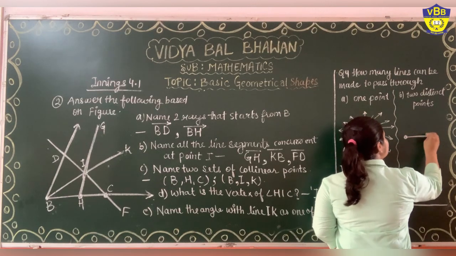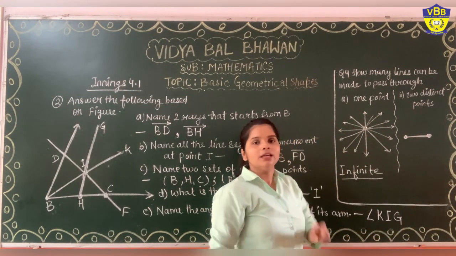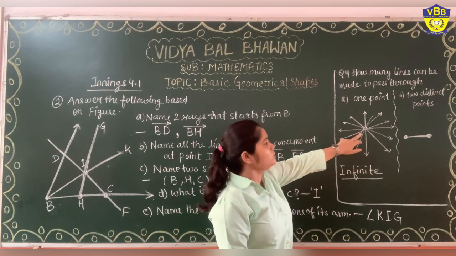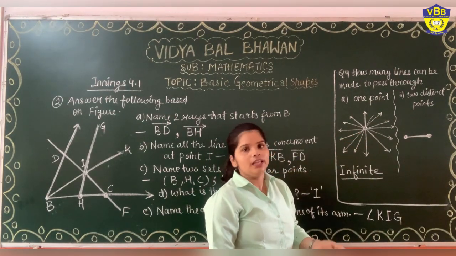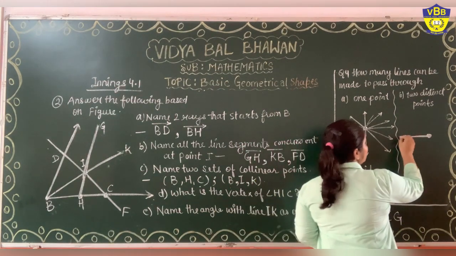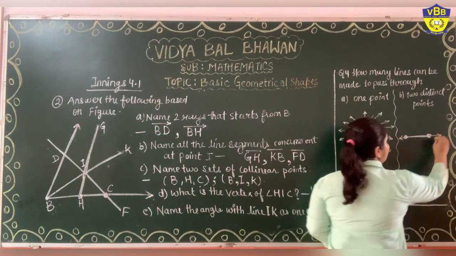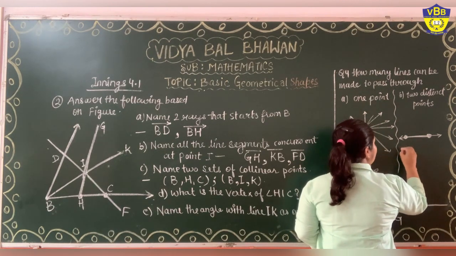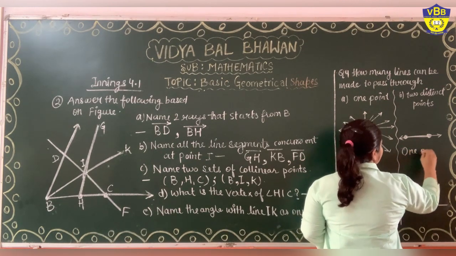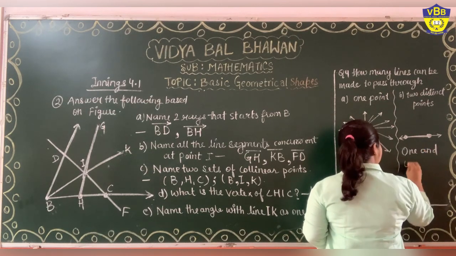Using 2 points, we can only make one line. And using 1 point, we can form as many as we want, an infinite number of lines. So the answer of the second, B part, is one and only one.